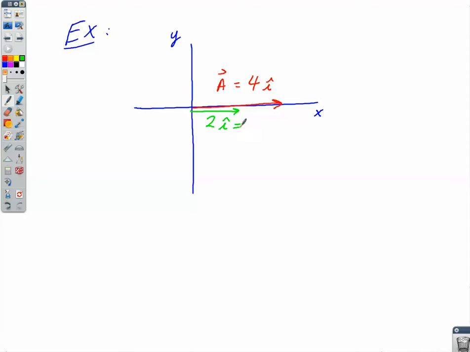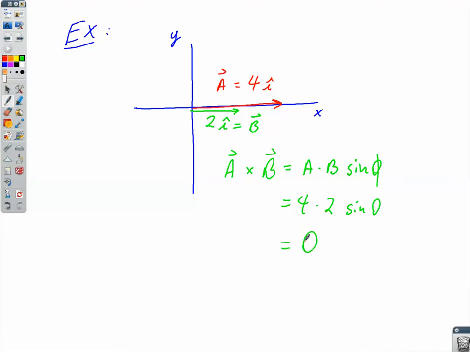And we want to look at what is A cross B. We can use the one formula for the cross product, which is the magnitude of A times the magnitude of B times the sine of the angle between them. So the magnitude of A is 4, the magnitude of B is 2, and the sine of the angle between them is 0. Sine of 0 is 0, so A cross B is equal to 0.